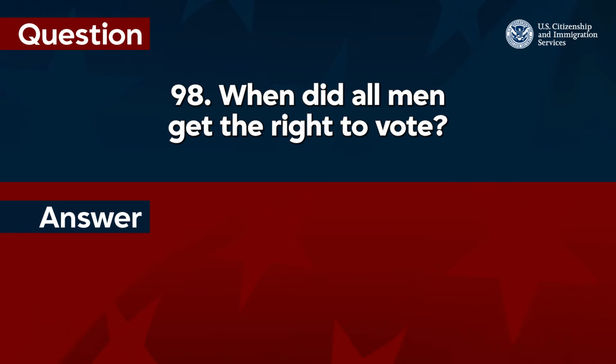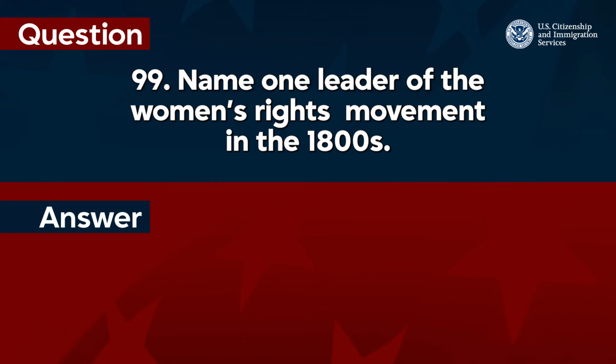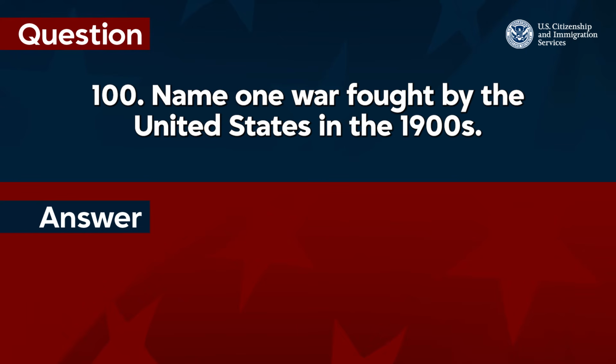When did all men get the right to vote? 1870. Name one leader of the women's rights movement in the 1800s. Susan B. Anthony. Name one war fought by the United States in the 1900s.